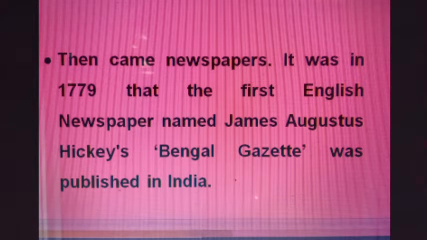Then came newspapers. It was in 1779 that the first Indian newspaper, the Bengal Gazette by James Augustus Higgins, was published in India.